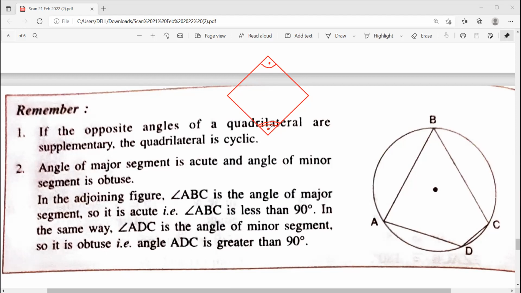The sum of two angles is giving me 180 degrees. It means these two opposite angles are supplementary. It means the quadrilateral will be cyclic. That is, these vertices will lie on a circle.